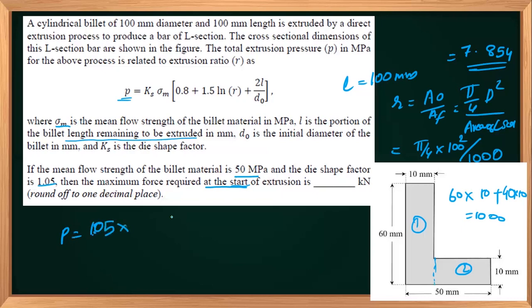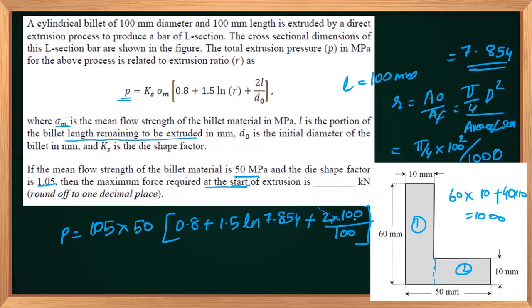So 1.05 into sigma m, which is 50.8, into the bracket of 1.5 ln of 7.854 plus 2 into L by D0, where L is 100 and D0 is 100. So the 100 and 100 get cancelled, right? ln of 7.854 is equal to 2.06, multiplied with 1.5, that's 3.09, plus 0.8 plus 2, which gives 5.891.